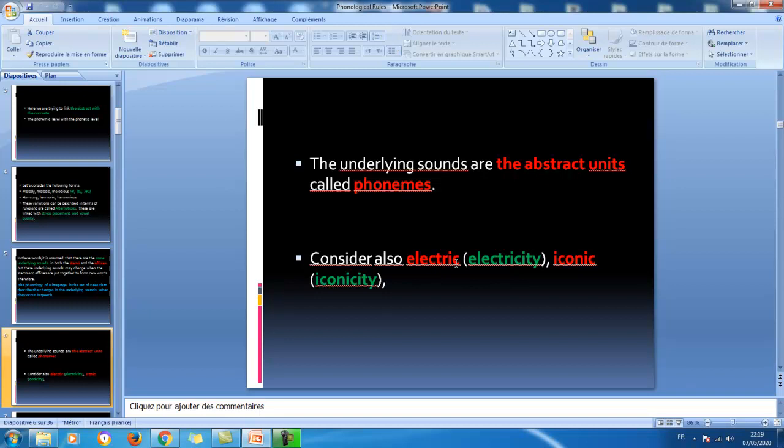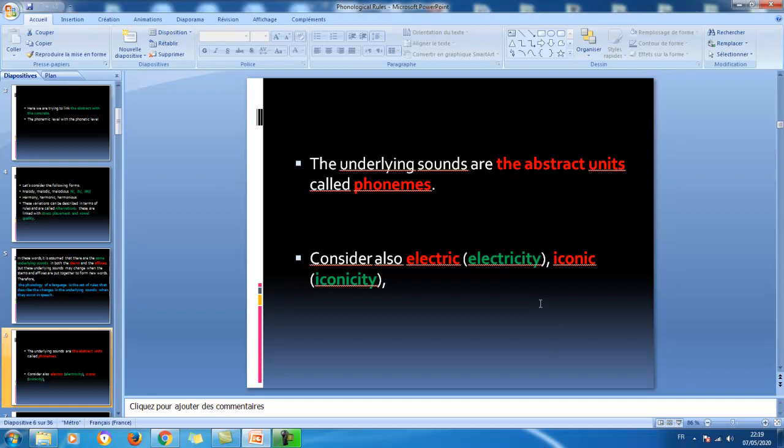We have got electric. The last sound of electric is k, but when we add to it ity as a suffix, this k is no longer k, it becomes s, electricity. Same thing, iconic, it becomes iconicity here. So we have got other words which follow the same pattern here. Which means that we have got alternations, electric and electris. It becomes electris when it is joined to ity here.